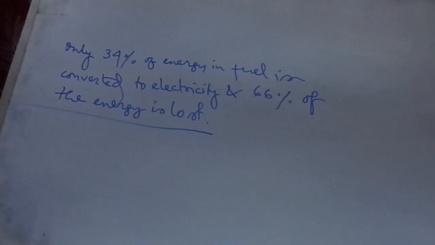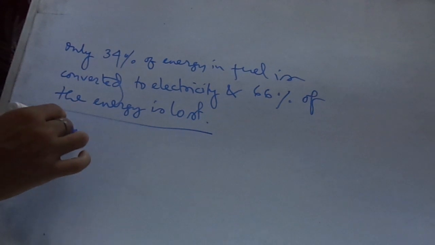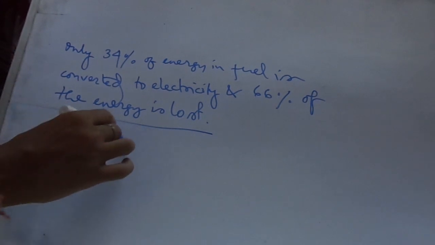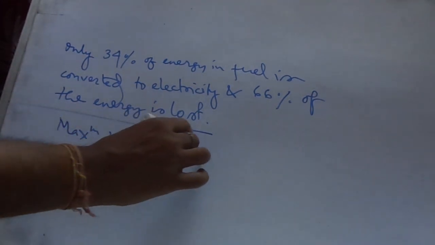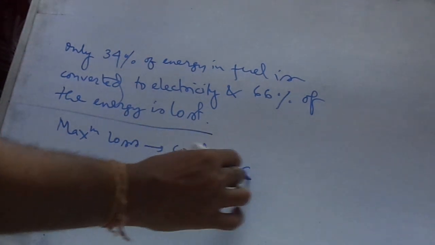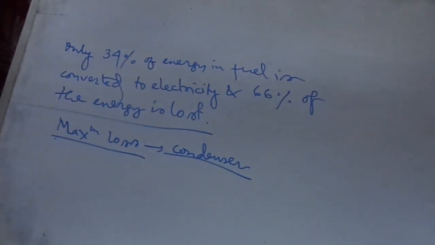The maximum loss of energy takes place in the condenser, where heat is rejected. Okay, thank you.